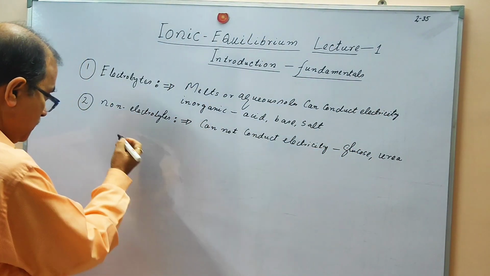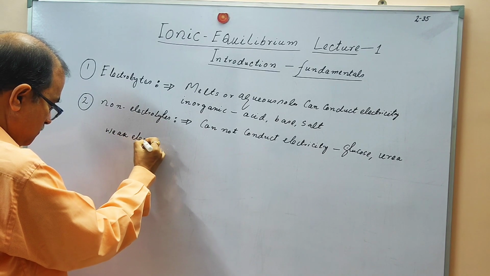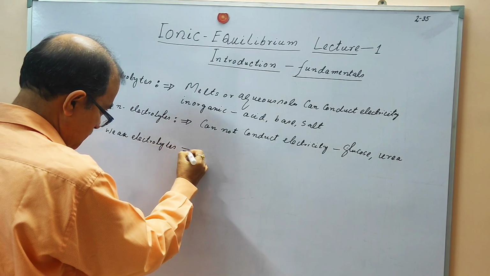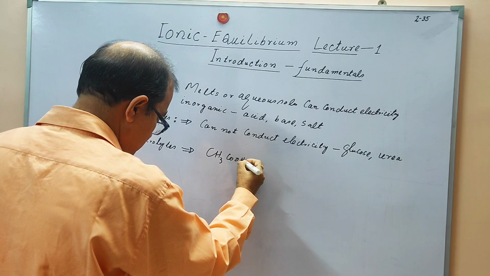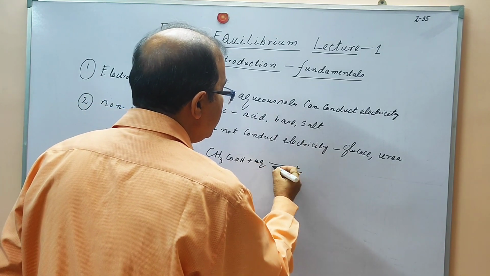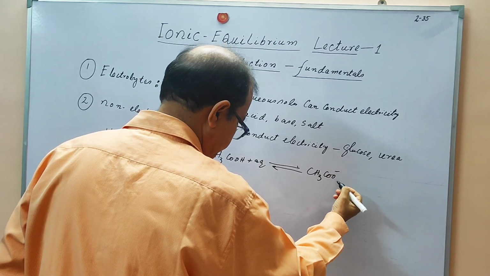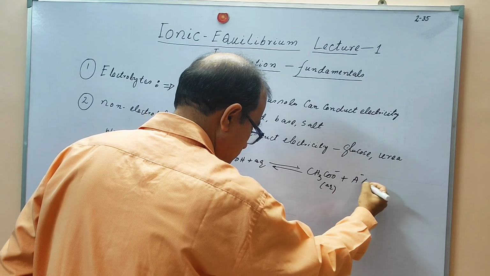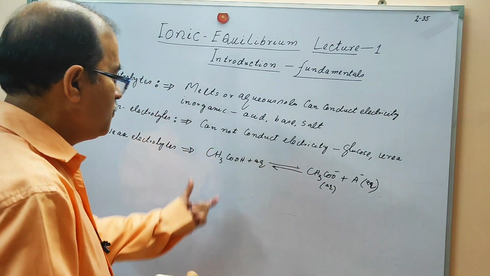As for example, a weak electrolyte is acetic acid. Acetic acid in aqueous solution makes an equilibrium between the unionized and the ionized forms.